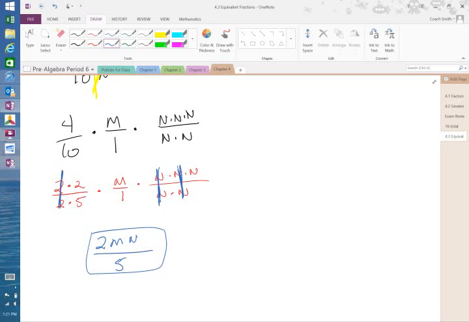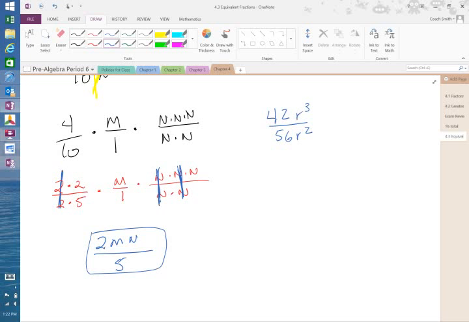Okay, let me do another one of those. Let's see here. 42 r to the third over 56 r to the second.